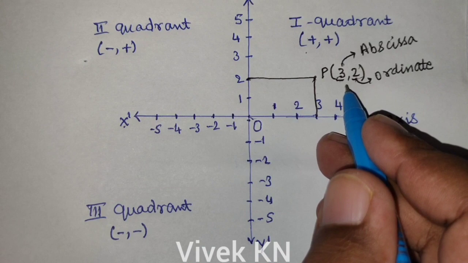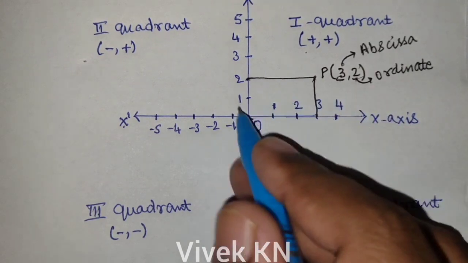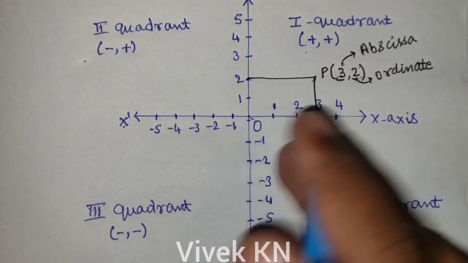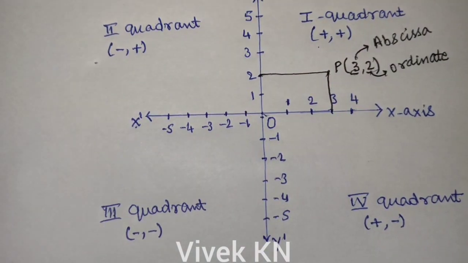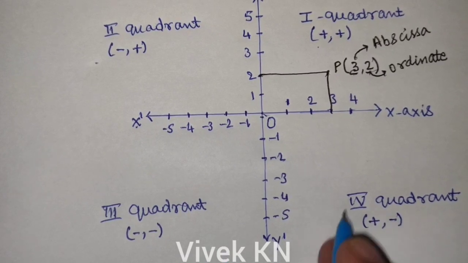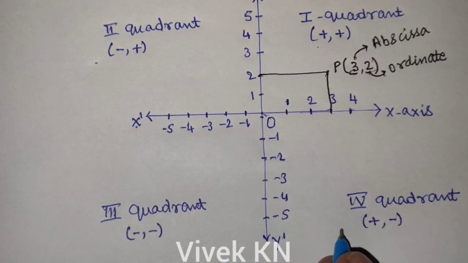These coordinates are the references for locating a point on the plane. So now we know what coordinates and coordinate axes are. This whole system is called the coordinate system, also called the Cartesian coordinate system.